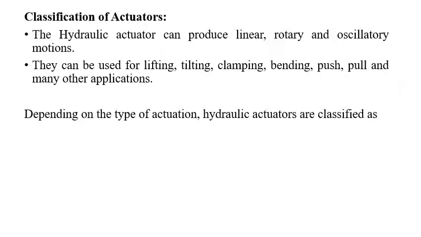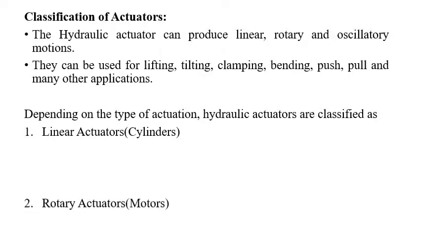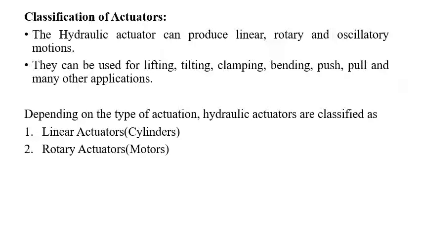Depending on the type of actuation, hydraulic actuators are classified as: first, linear actuators or cylinders, which provide linear movements. Second, rotary actuators or motors, which provide rotary motions, circular motions.